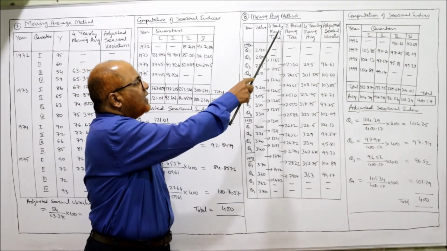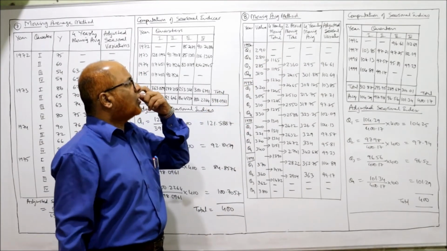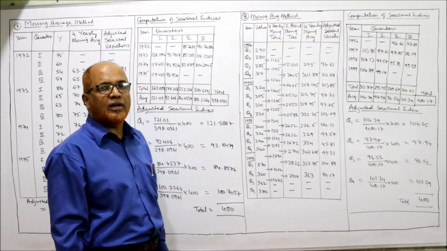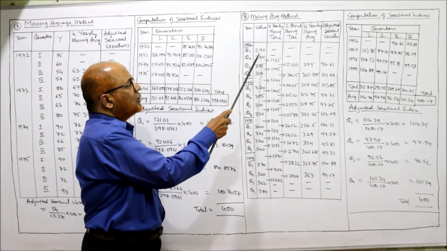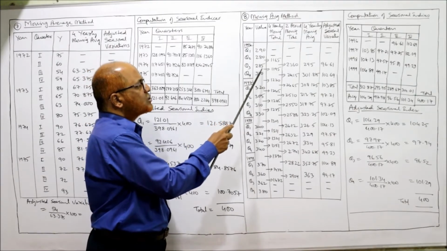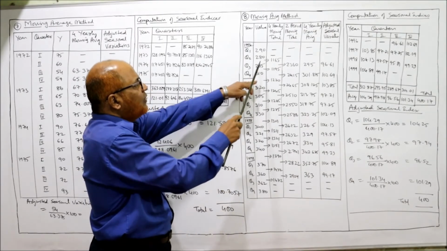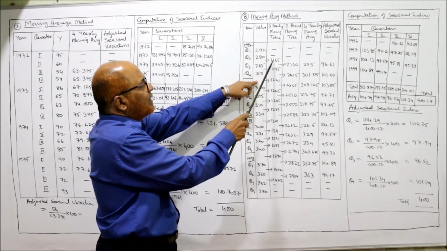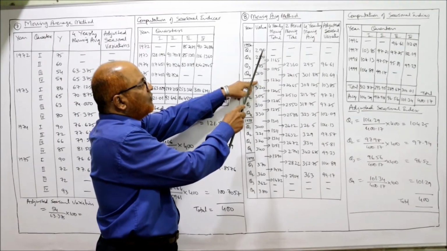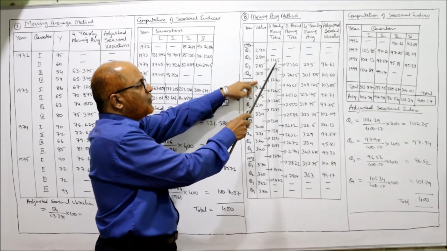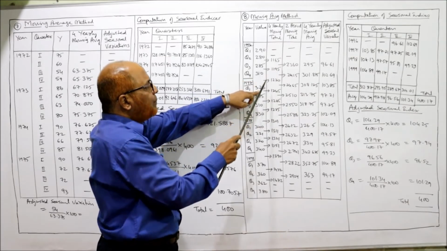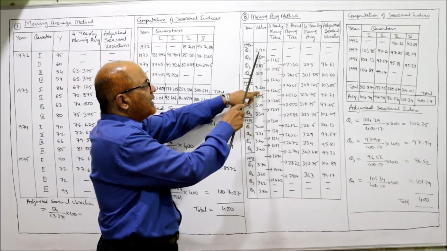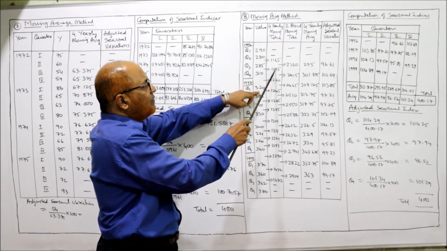Now the 4 quarterly moving total. So 290 plus 280 plus 285 plus 310. If you add up these 4, you will get 1165. So 1165 is the total of the first 4 quarters. Now include the next one: 1165 plus 320 minus 290, you will get 1195.